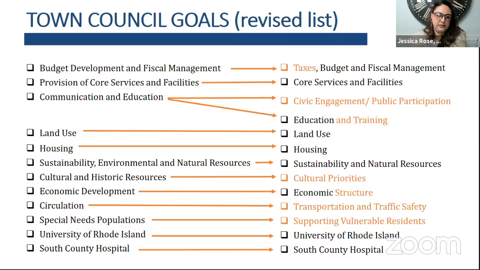One of the things that I had written down on that little sheet that you sent us, Rob, which I think was really helpful in narrowing things down and getting ideas on paper, is looking at our town and making sure that our town is employing people who look like our population here in town, making sure that different populations are represented across the board as far as town employment goes.